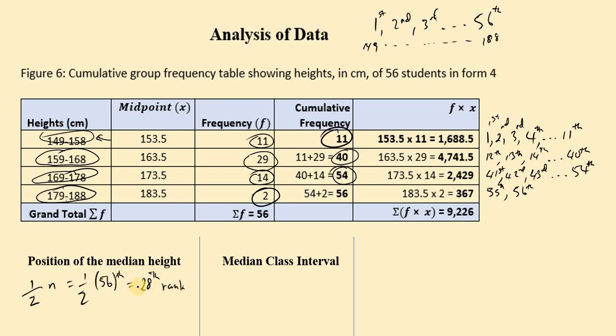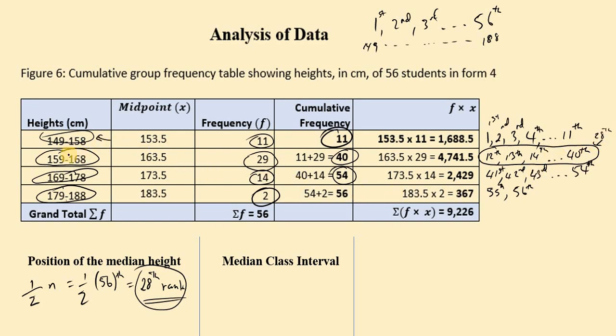The position of the median is the 28th rank. Which category is this rank in? Well, the 28th is in this category here, because this category has persons ranking from 12 to 40. So the 28th is actually in this category.